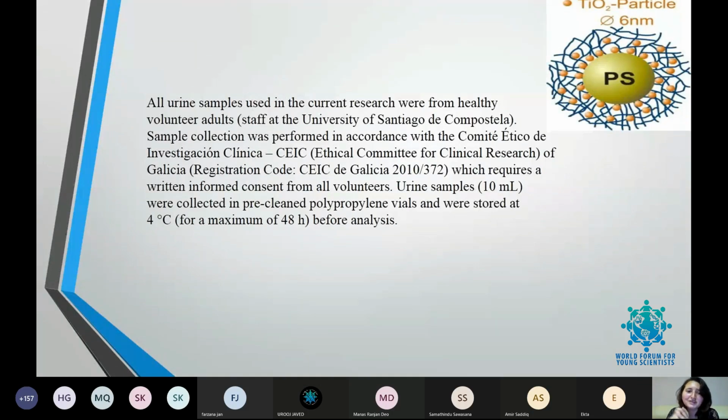Written informed consent was obtained from all volunteers. Urine samples, 10 milliliter, were collected in pre-cleaned polypropylene wells and were stored at 4 degrees Celsius for a maximum of 48 hours before analysis.